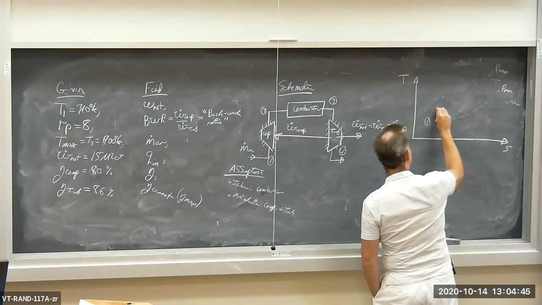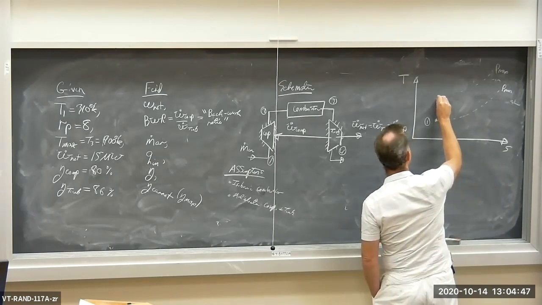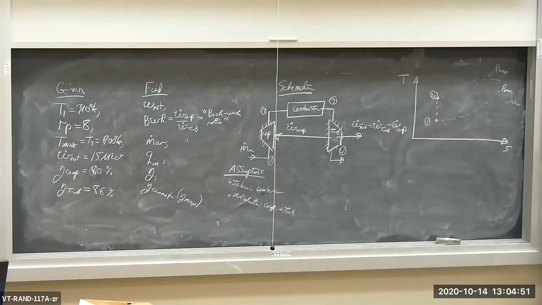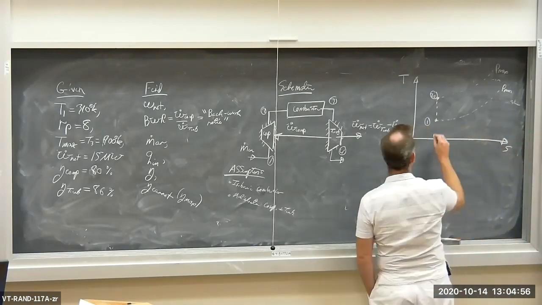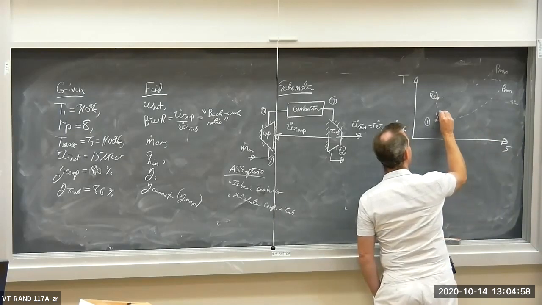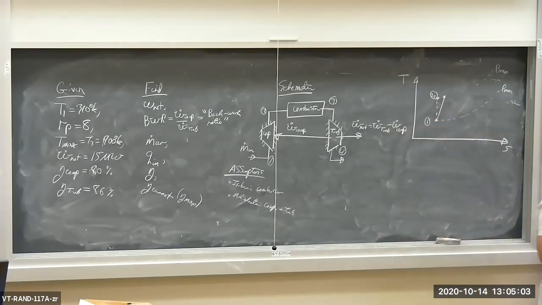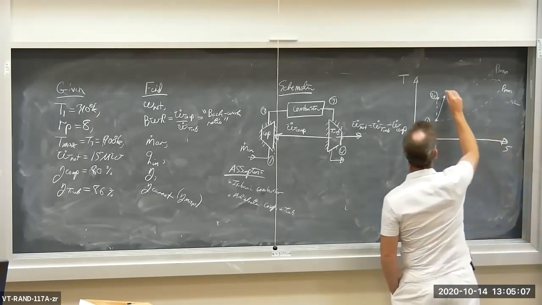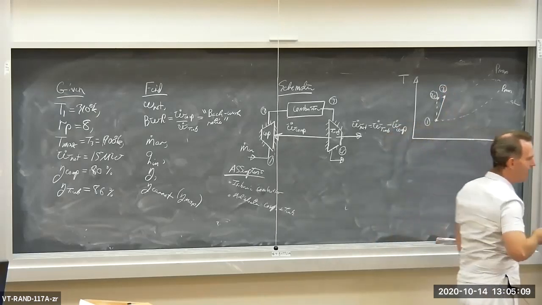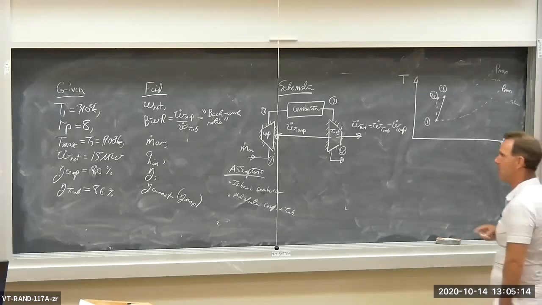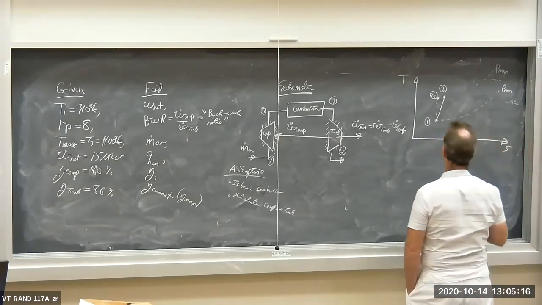If this were an isentropic compressor, this would be state 2s, where the s means constant entropy. But we have an isentropic efficiency less than 1. So we're going to have some irreversibility inside of the compressor, and therefore some entropy generation, and therefore a delta S within the compressor. So this is state 2, an increase in entropy from state 1 to state 2 because we have irreversibilities occurring inside the compressor.